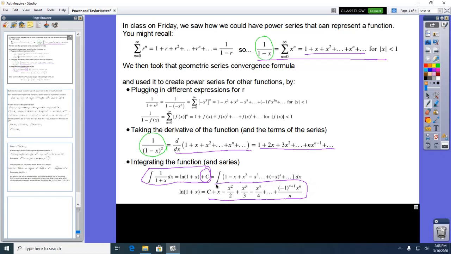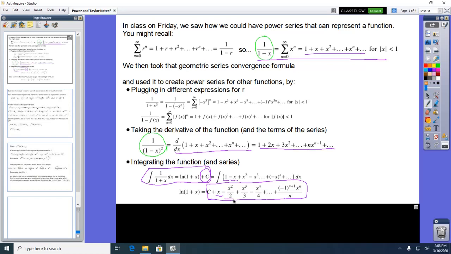I should probably have another plus dot dot dot at the end there. So the natural log of 1 plus x is equal to, again, you take the antiderivative of 1 and you get x. Of negative x, you get negative x squared over 2, and so on. And then that plus c, I just added c to the other side, subtracted it, but remember it's just a different c then. And there we go.